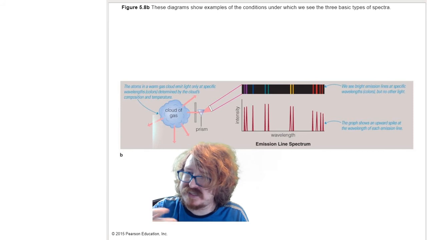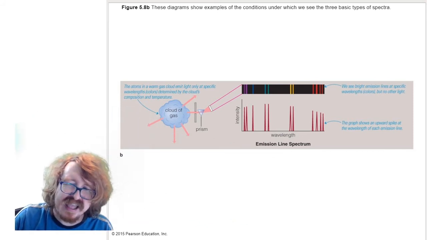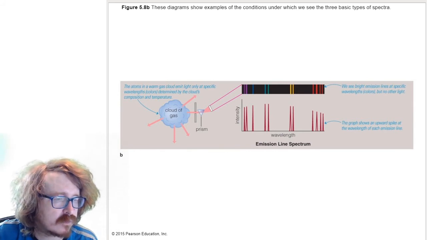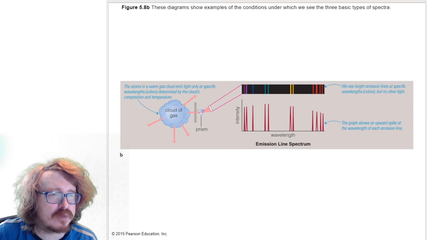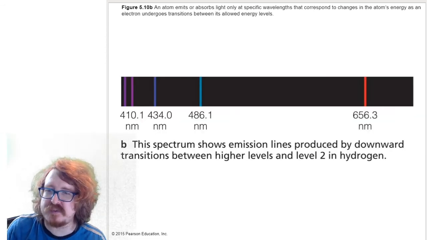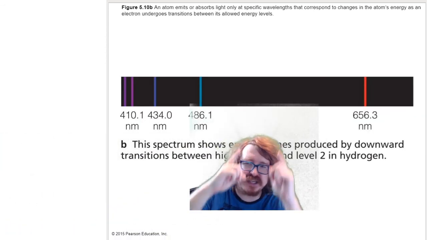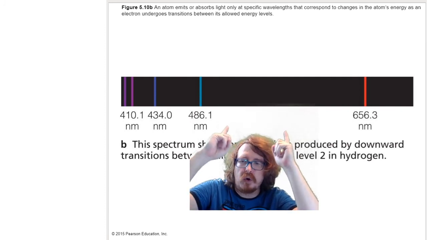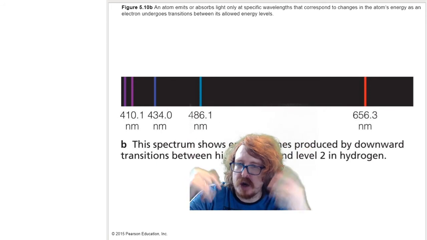Okay, let me give you guys some examples, just a couple of questions, and this is all we're going to talk about today. So here we go. Let's finish it up. What kind of spectrum is this right here? Is this a continuous spectrum, absorption, or emission? Give me one of those three.